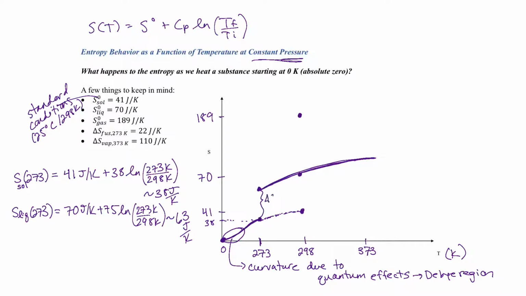That would be our delta S of fusion, it's about 22 joules per Kelvin. And then here, this point is about 60 joules per Kelvin. So this part takes us through our heating of liquid water.